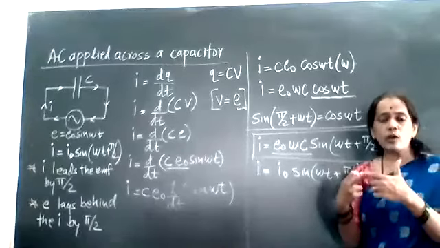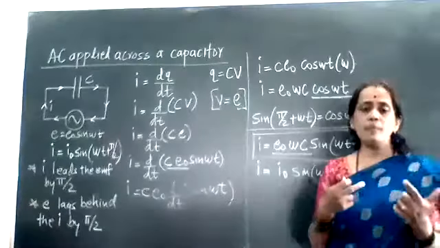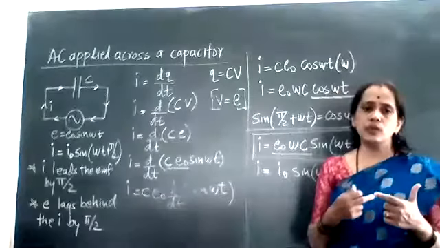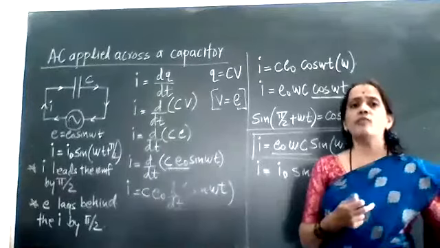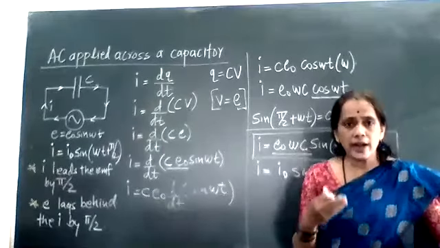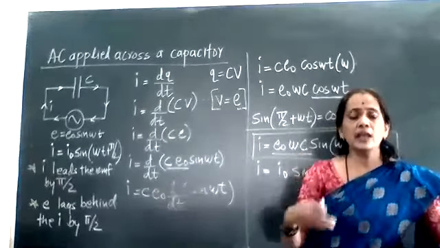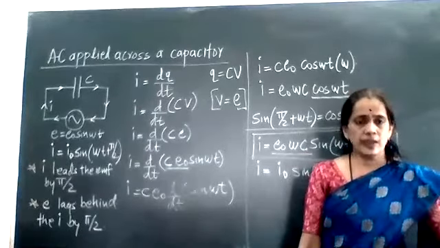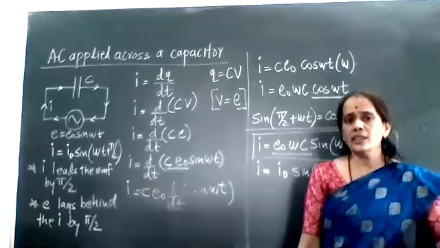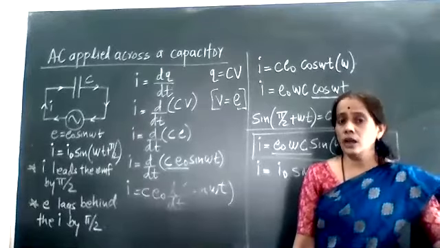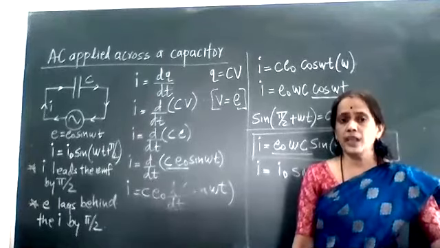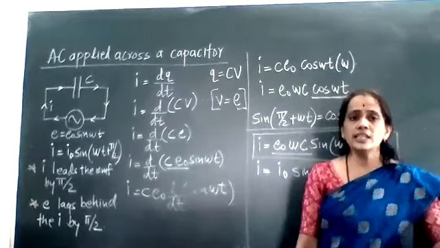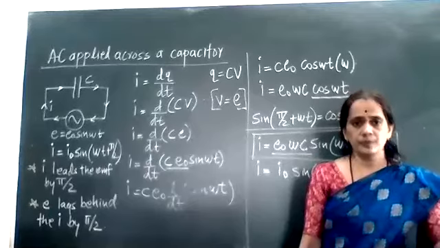Then I compare the equation of EMF and the equation of current, and it is found that the current is leading by angle pi by 2 than that of the EMF. Clear? So this is the answer to your question: show that in a capacitive circuit applied across AC, current leads the EMF by pi by 2.